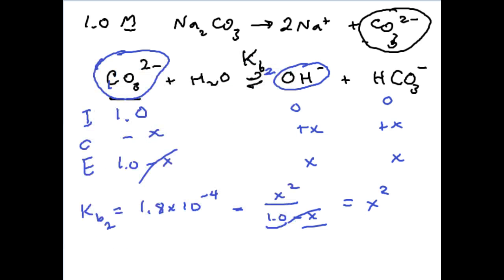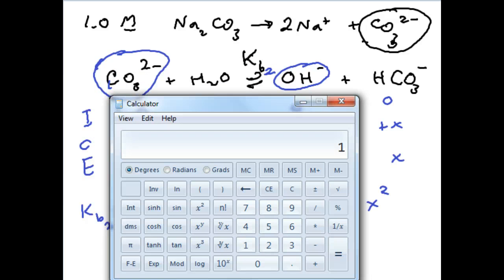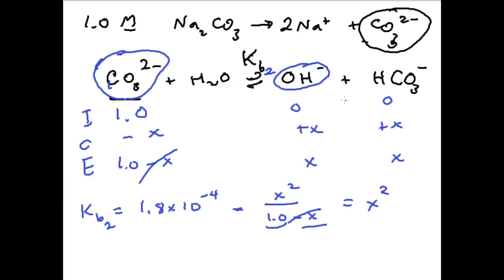Okay, so 1.8 times 10 to the minus 4, square root. That's 0.013. So x is going to be something like 0.013.